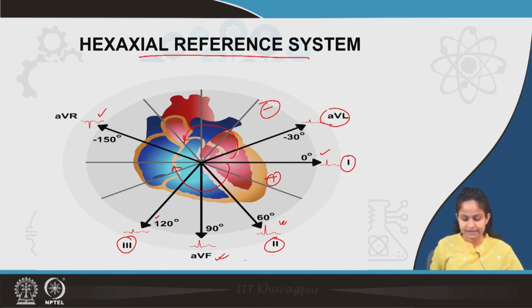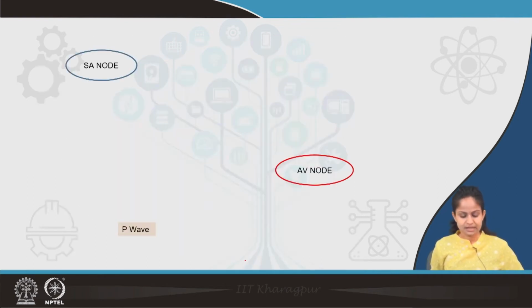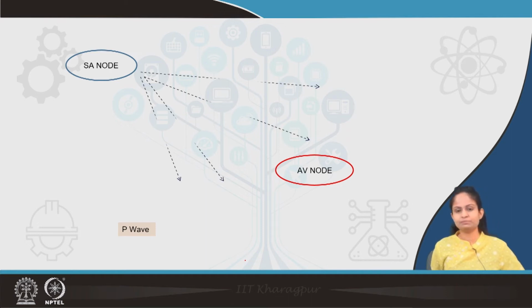So, these are the angles we have to remember for the hexaxial reference system of the limb leads, whether it is the standard limb leads or the unipolar augmented limb leads. Now, what is the configuration of various waves in this hexaxial reference system? First we will see the P wave. The P wave is only one wave, it is the atrial depolarization.